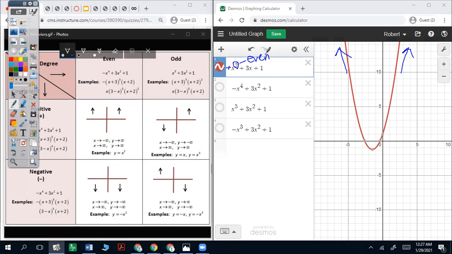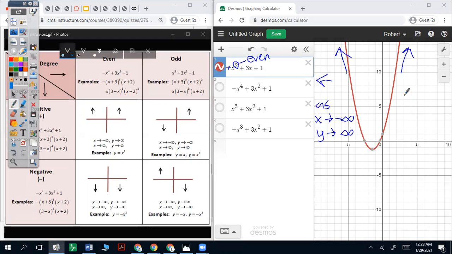All positive, even leading coefficients are going to be pointing up on both the left side and the right side of any polynomial graph. So their end behavior is going to be on the left side going up. So we would say as x goes to negative infinity, y, or f of x, goes to positive infinity.